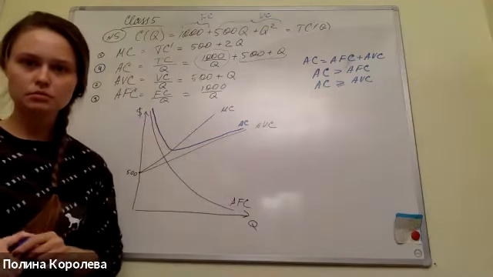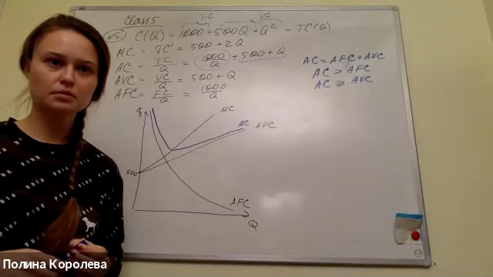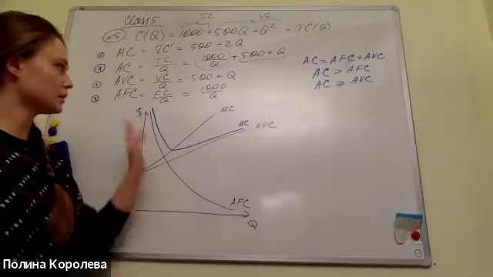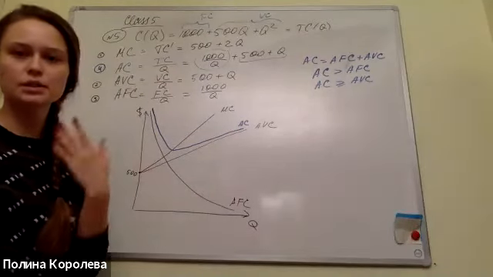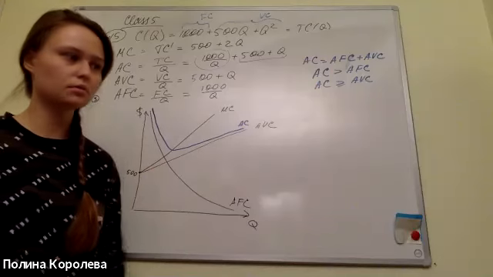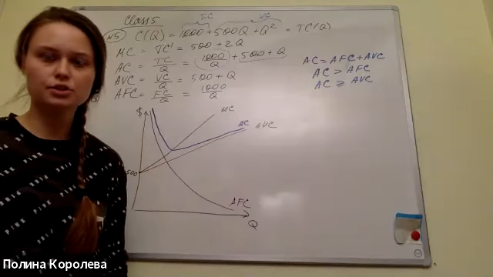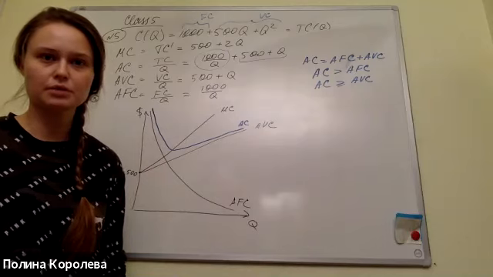Let's continue. Maxim, please. I have a question. According to this graph, can we analyze if this firm gets profit or not? We do not know. It's everything only about costs, but we do not know about the demand function, about prices, about revenue.